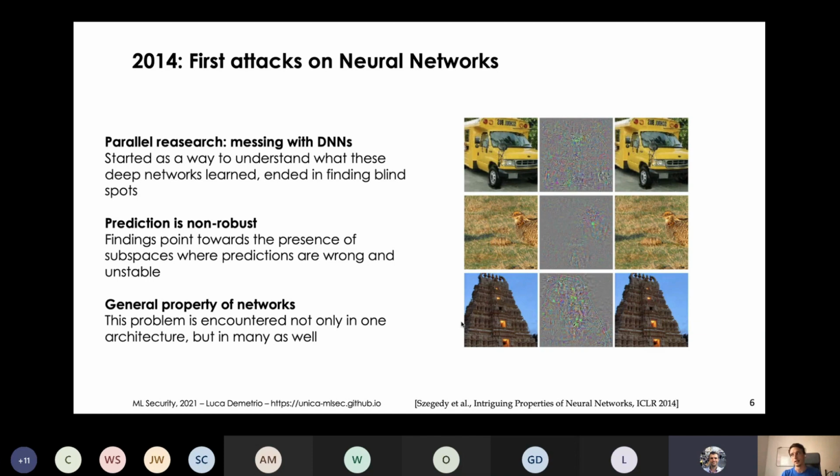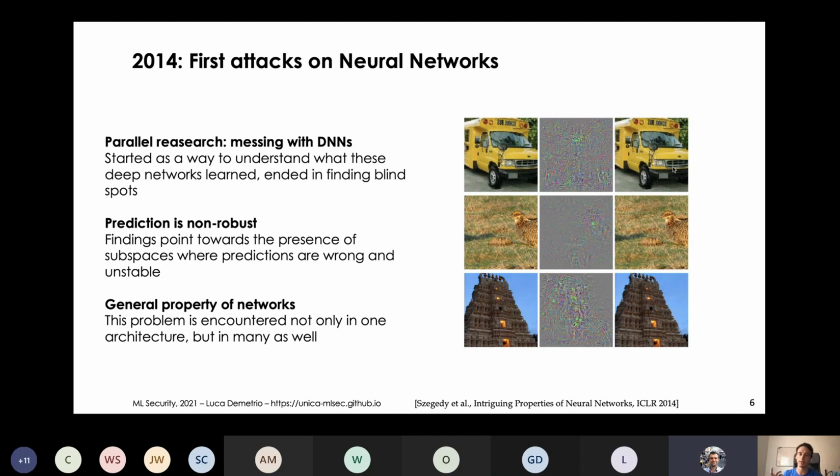It's just a phenomenon they observed while trying to understand what the networks do. As you can see here, they take a bus and compute this noise, which is a very strange pattern. And then this bus is misclassified. It's not a bus anymore. But this is something that you already know from this introduction.